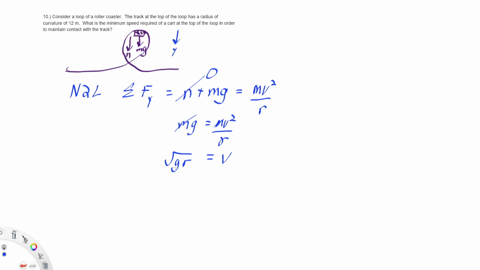So g is about 10, r is 12, 10 times 12 is 120, 120 is about 121, square root of 121 is 11. So yeah, if we're considering the minimal speed, then the normal force has to be 0, because that's as small as we can make the left-hand side.